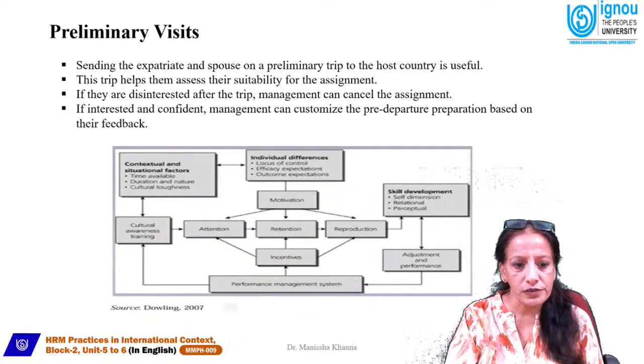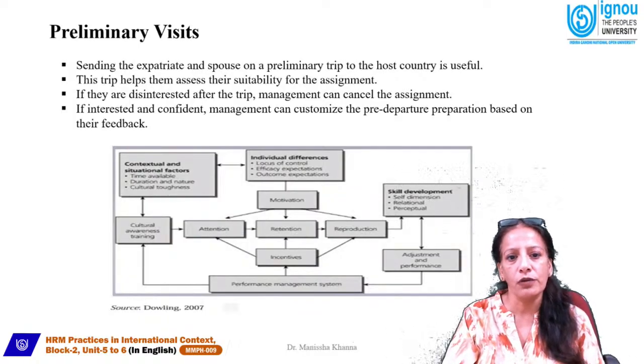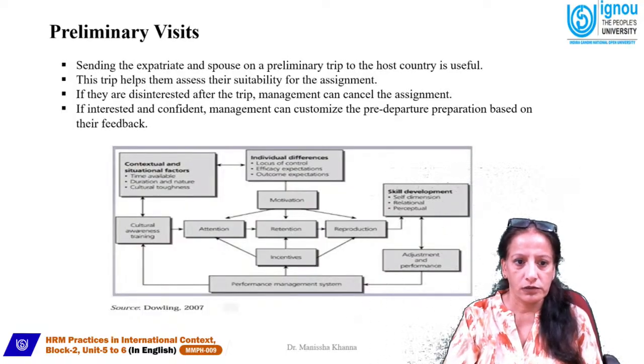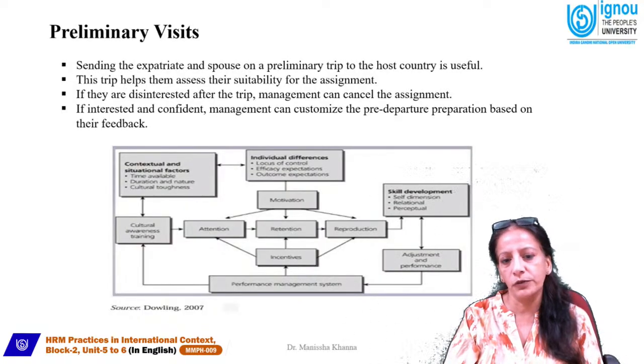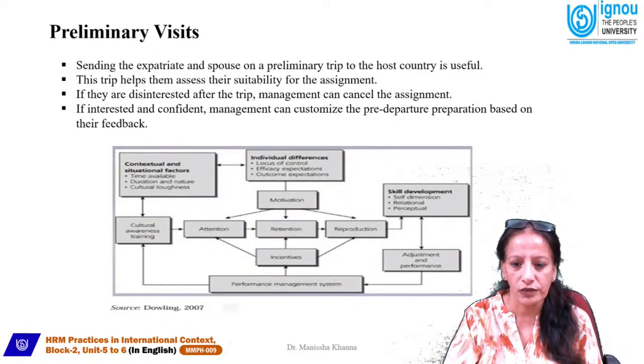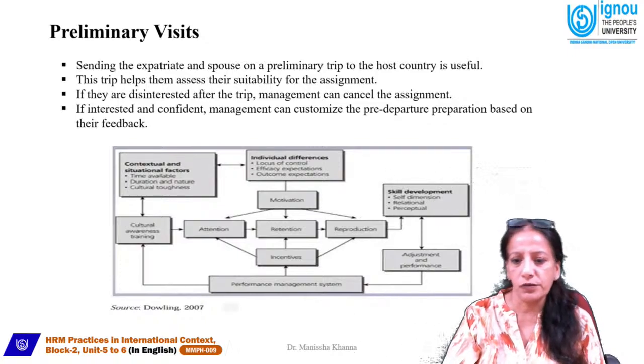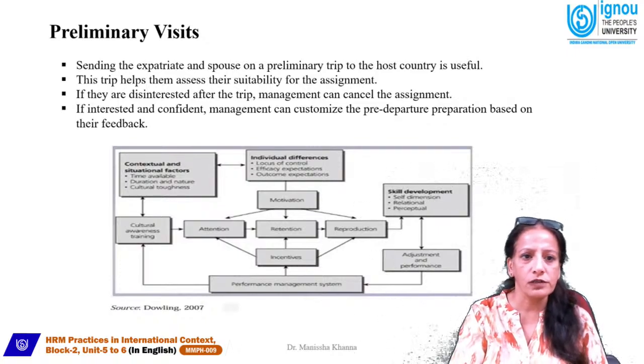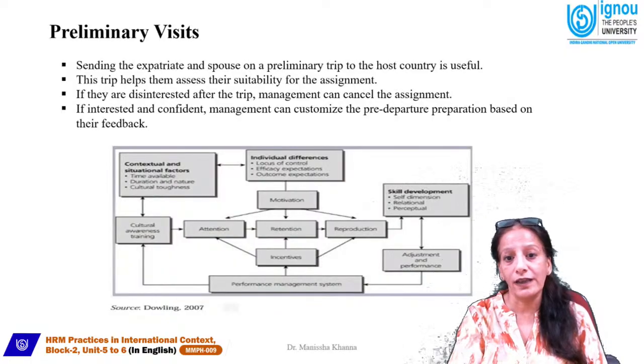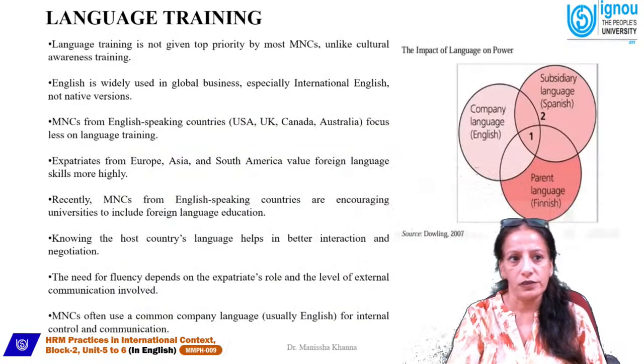So a preliminary visit is very important to let them know how the trip would be. Certain contractual people are involved with them, and the education, the training, or the adjustment period also sometimes involves them to get aligned with the visit.